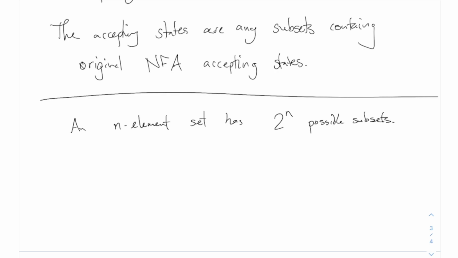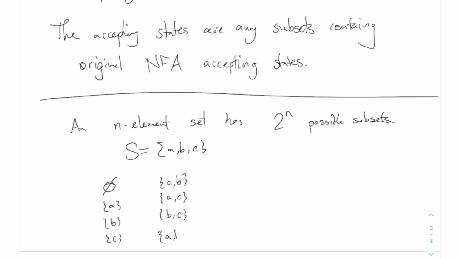For instance, if my set is, say, A, B, C, having 3 elements, there will be 8 possible subsets. 8's not so much, right? I can write them down. There's the empty set, those 4 with one element, and then there's also some with 2 elements, and then there's one with 3 elements, A, B, C, right? And that's it, there are 8.